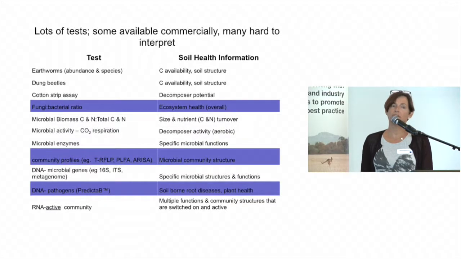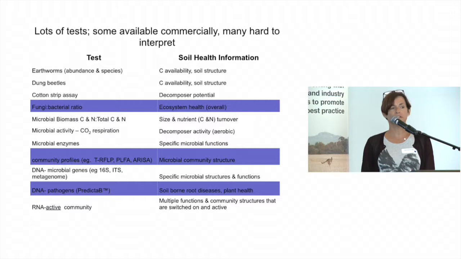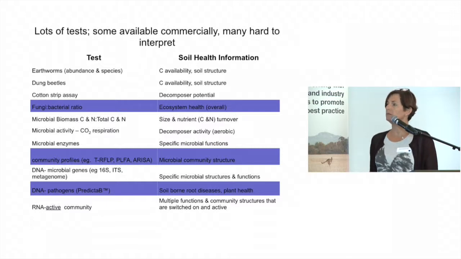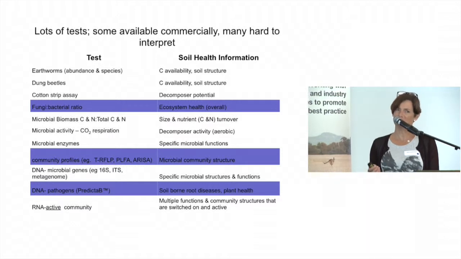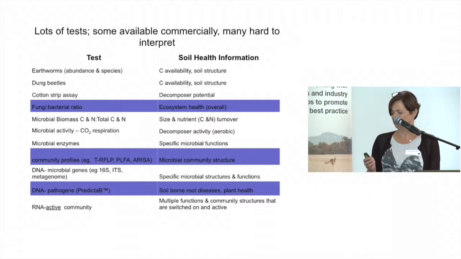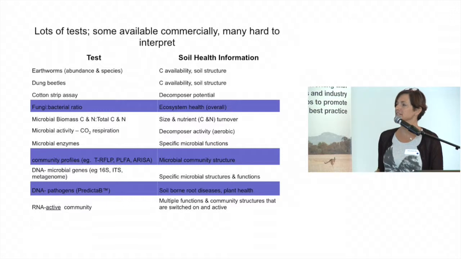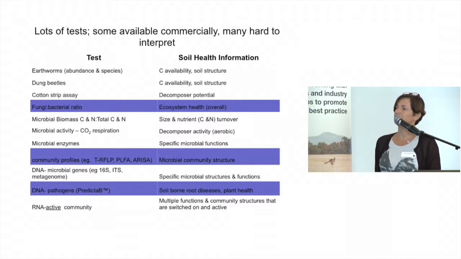Just a word on tests. There are lots of tests available, but not that many available commercially. But if you look in the literature, there's quite a long list of things that you can actually measure. I've highlighted the ones here that are commercially available.